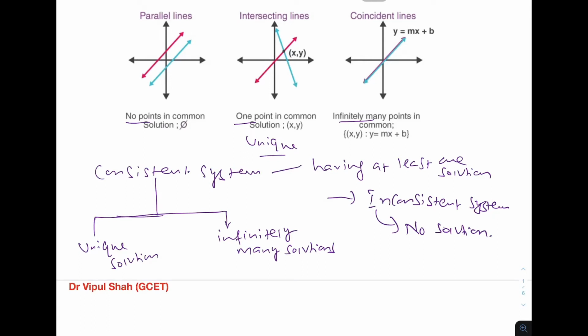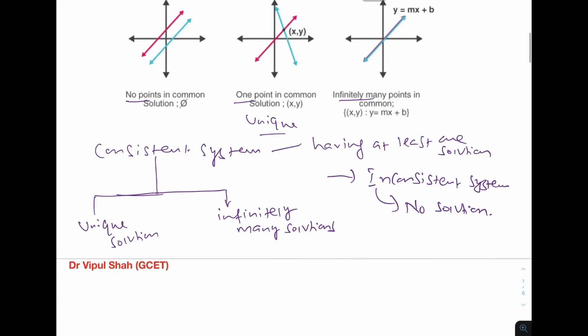So we can have a system of equations, and by using the matrix, we can find whether the system is consistent or inconsistent, and if it is consistent, whether it has a unique solution or infinitely many solutions. We can have the method in this way. You have a system like this, Ax equal to b, then form the augmented matrix.